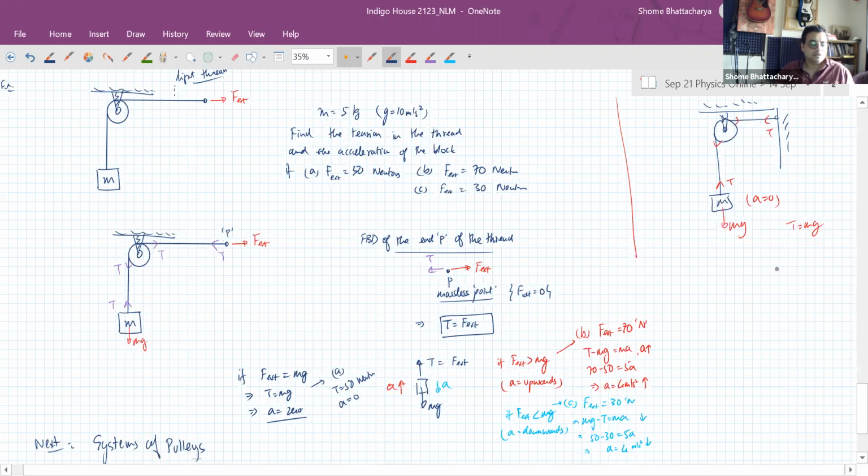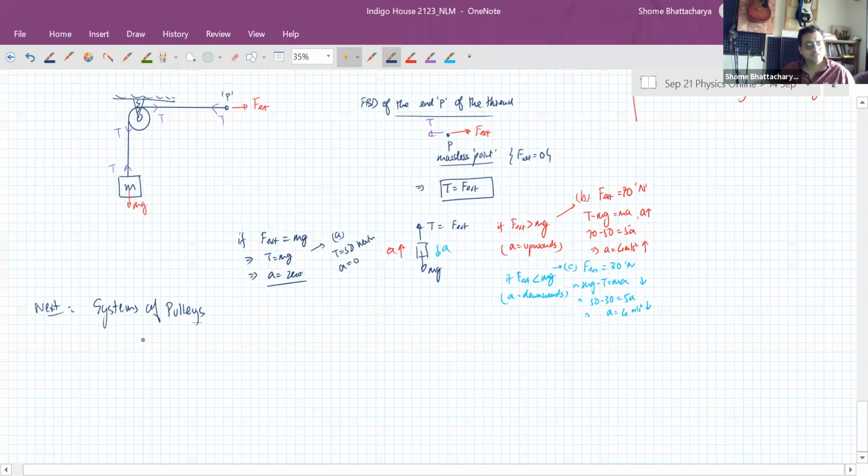I will also be sending a separate worksheet for this. From HC Verma, Newton's laws of motion chapter, you can work out questions in the main exercise at the end of the chapter, questions 1 to 16.